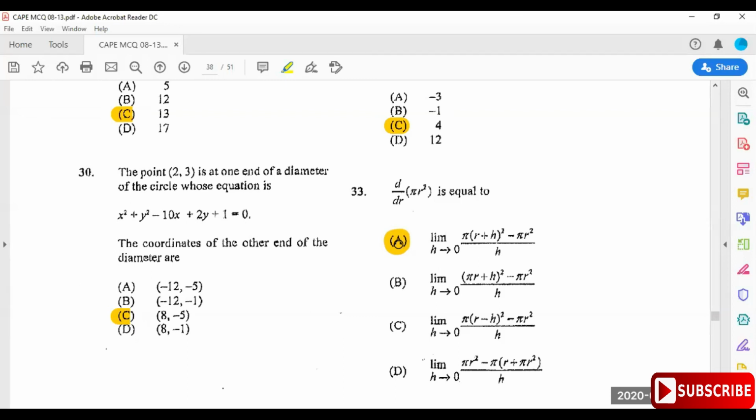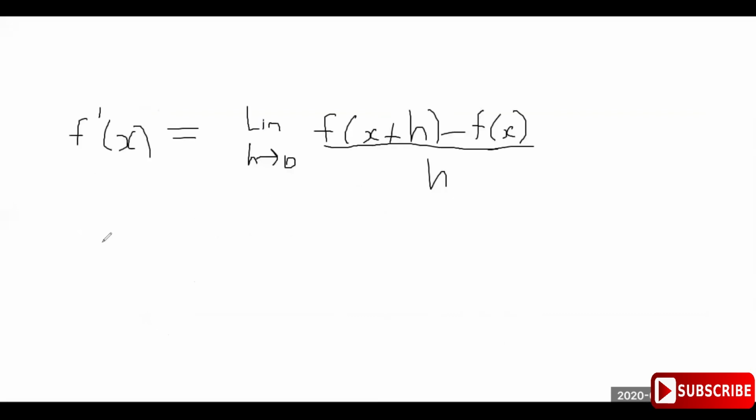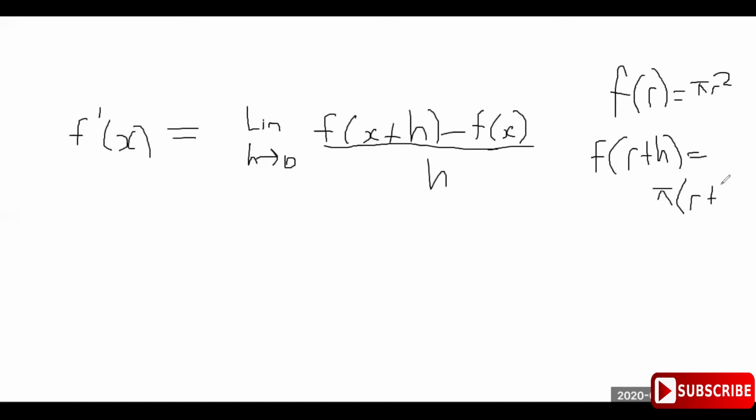Then F of r plus h: you replace the r with r plus h, so you get pi times (r plus h) all squared. So it is pi times (r plus h) squared, subtract pi r squared, over h.